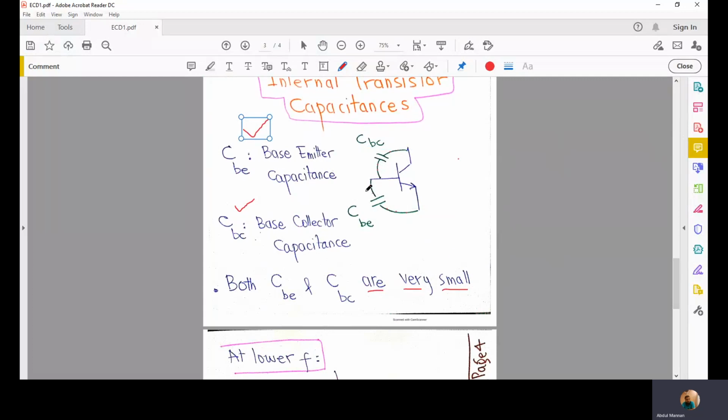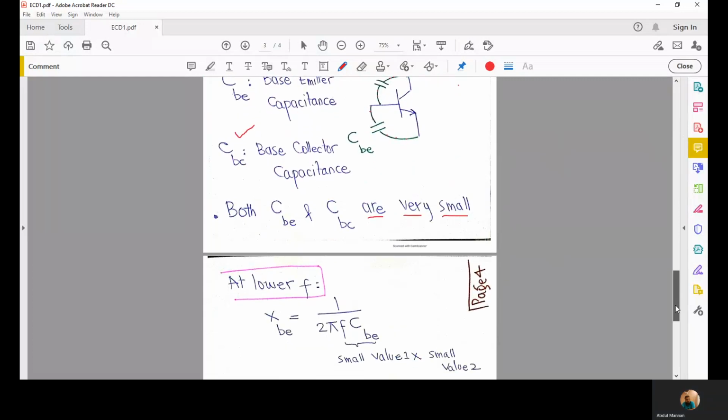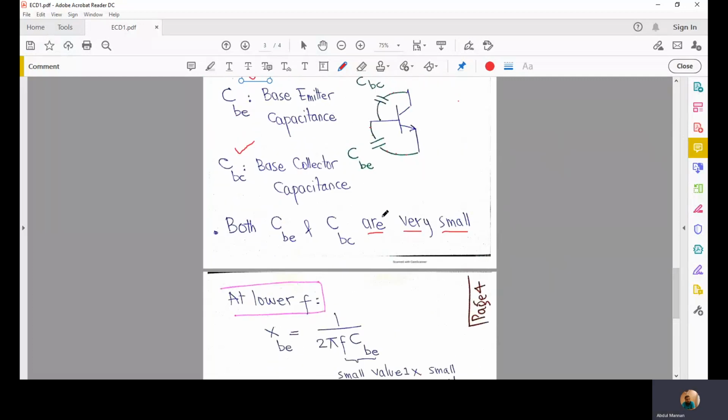Of course, they are never externally connected, and you should keep this in mind. They are internally present due to the junctions, and they play their role. Let's see how. Something that we must know about CBE and CBC is that they are actually very small.